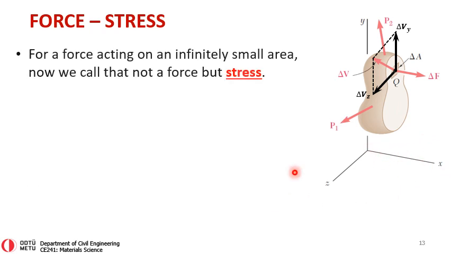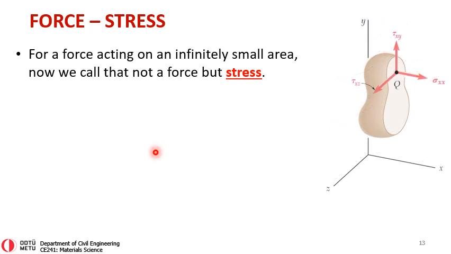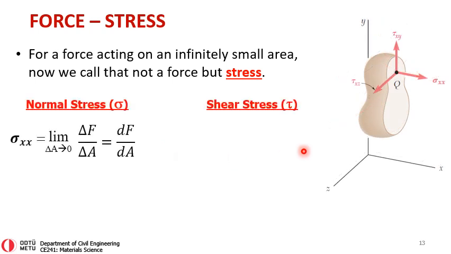Now, for a force acting on an infinitely small area, we call that not a force but stress. So this delta A we consider to be infinitely small, meaning we take the limit as delta A goes to 0.